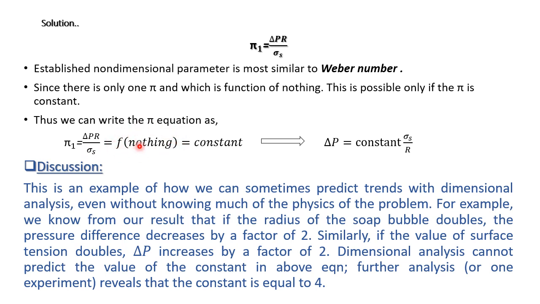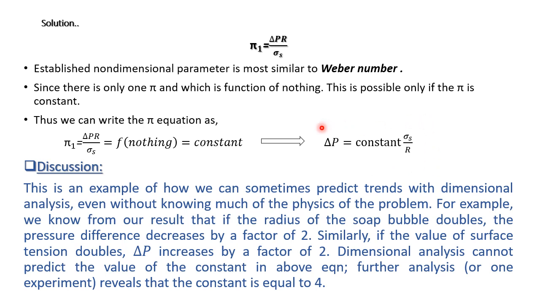So it is equal to a constant. When you cross multiply, delta p is equal to constant into sigma s by r. This is the relation that we got using dimensional analysis.